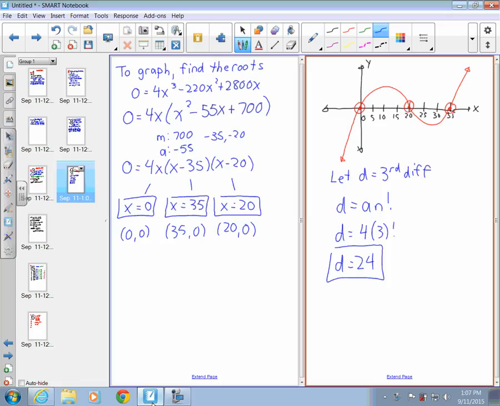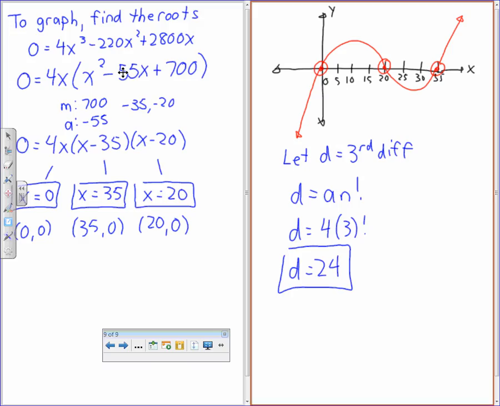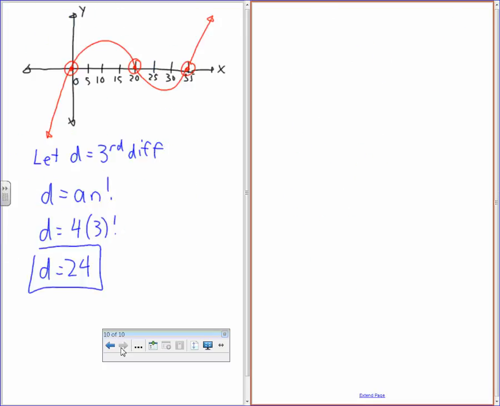I'll be able to get to this one. So today's lesson is called Equations and Graphs of polynomial functions.